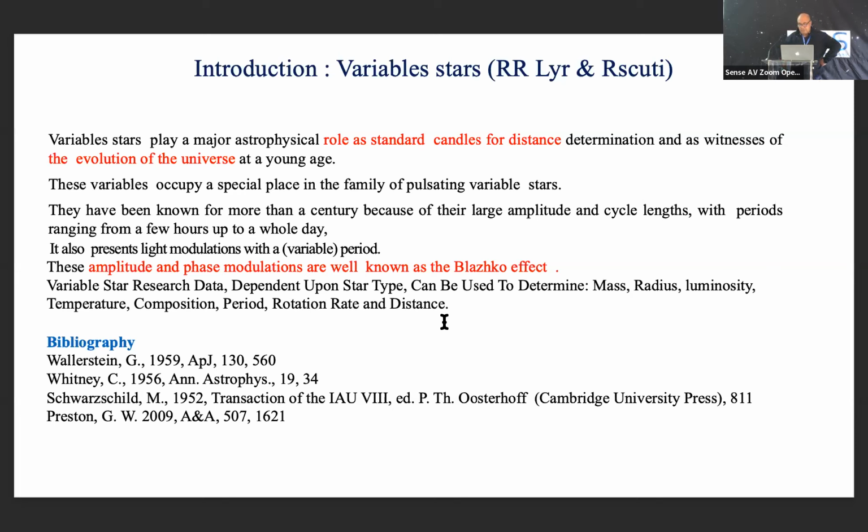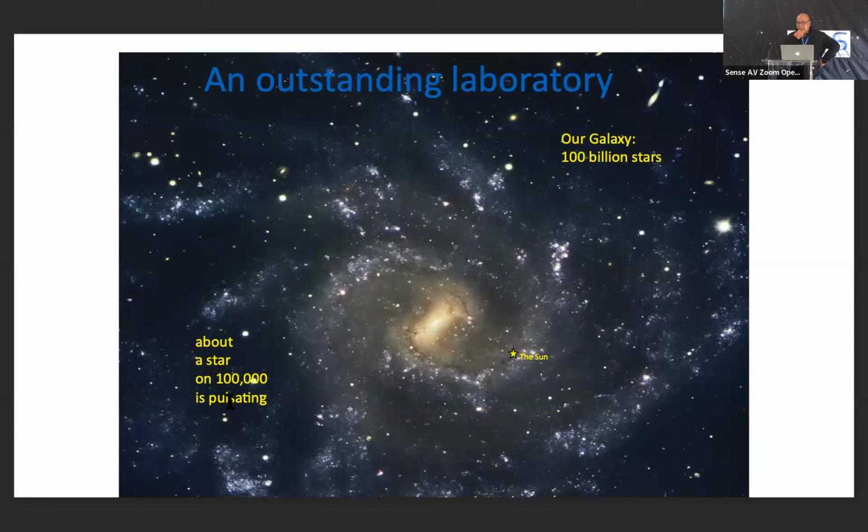So I will not develop, but I can give you some basic bibliography. You can see that. So where can we find variable stars in our universe? About 1 star in 100 million, some 100,000 is pulsating. So we have a lot of variable stars to study.